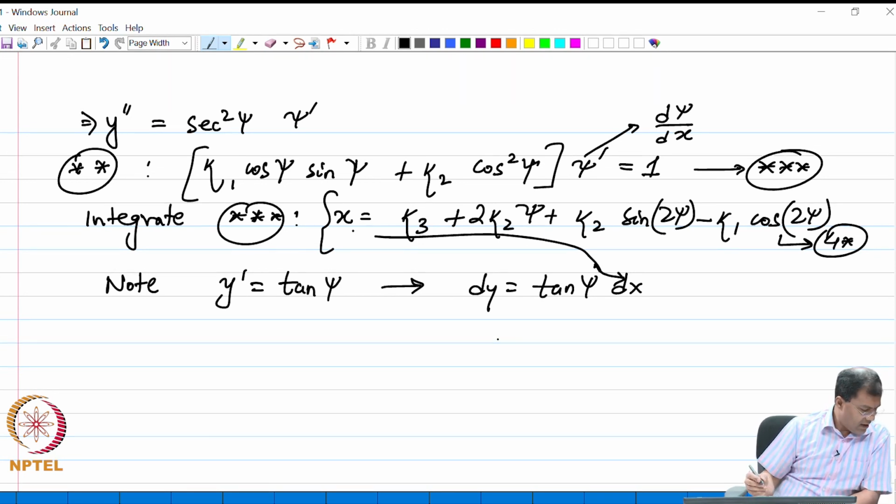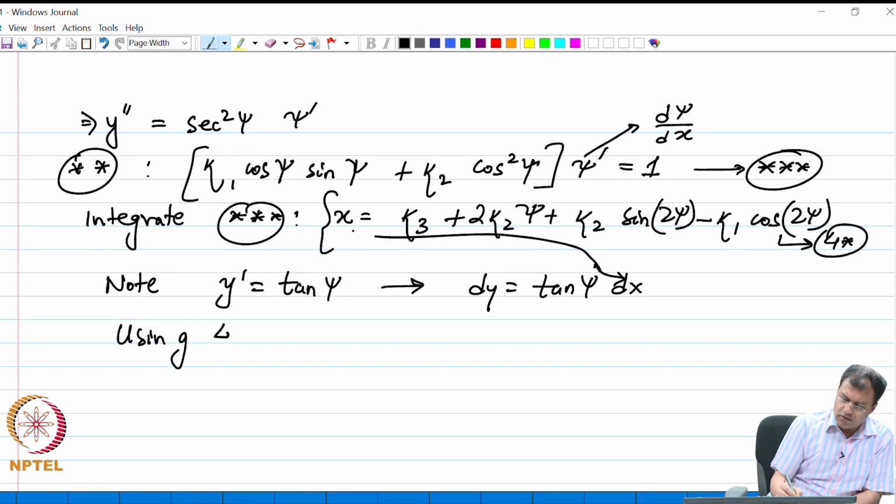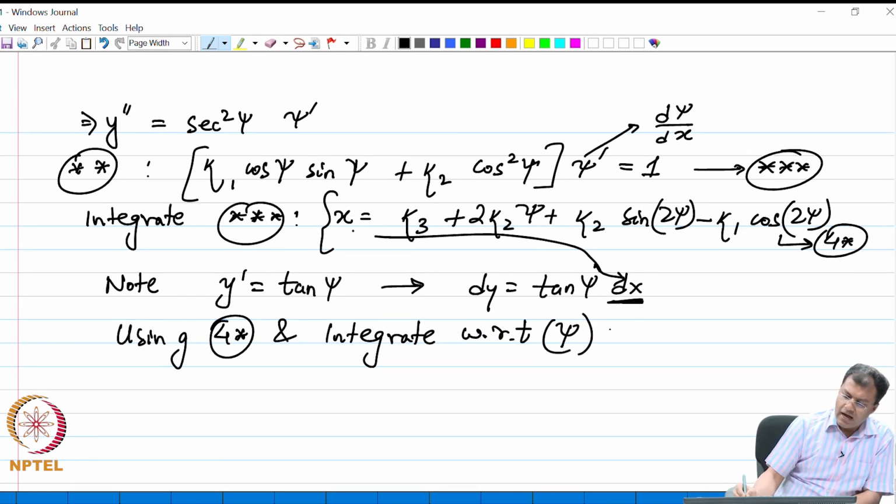I need to keep renaming these expressions. So, essentially we are going to use this 4 star to substitute this dx, and then we integrate with respect to psi, I can get the final expression for y.